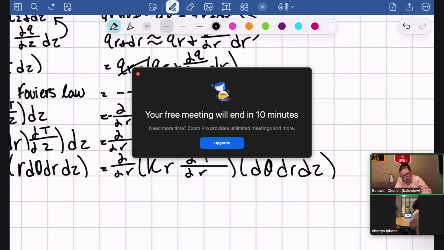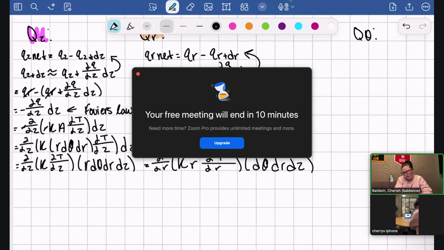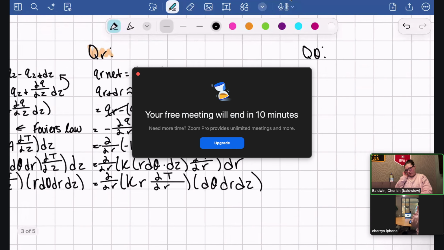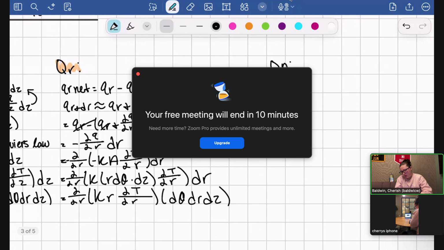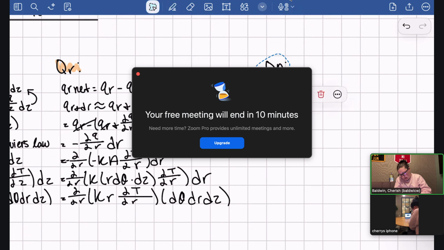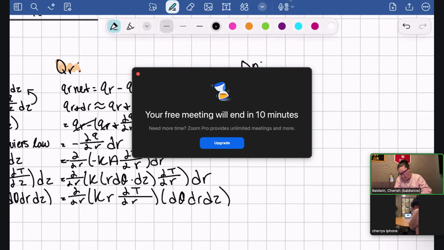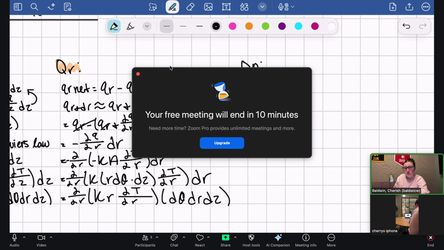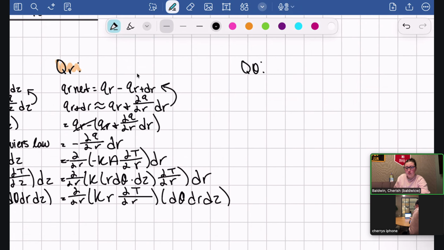Just write it like this to stay consistent. And now, finally, we are going to calculate Q theta. Hopefully that wasn't in the way the whole time.